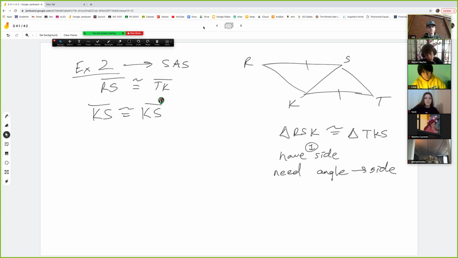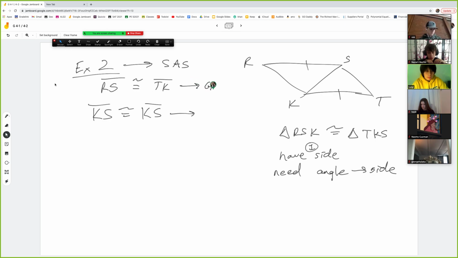All right, Luigi, you get a redemption chance right here. What is the reasoning? How come we can say KS is congruent to KS? I would answer that RS is congruent to KT because of the lines on the sides. We already have RS and TK. They gave us that, right?